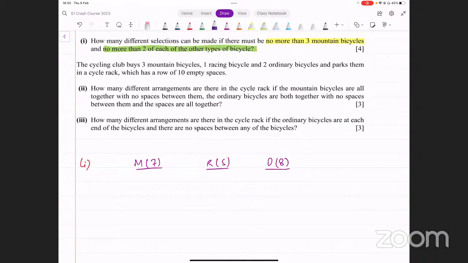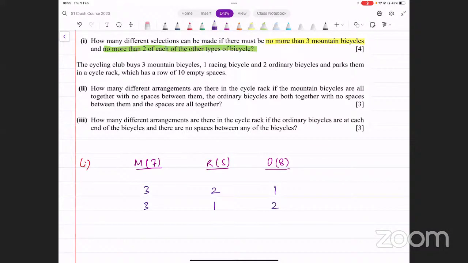Now, since the mountain bicycles cannot be more than 3, one possibility could be that we have 3 mountain bicycles. And then what about the other 2? We could have, let's say, 2 racing and 1 ordinary. Another possibility could be that we have 3 mountain bicycles and then 1 racing and 2 ordinary.